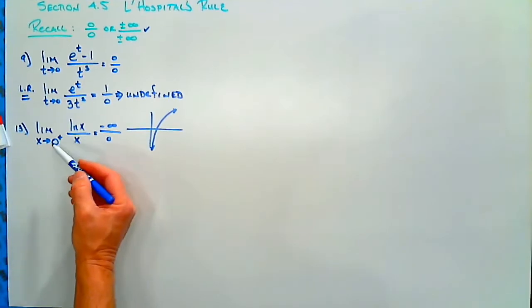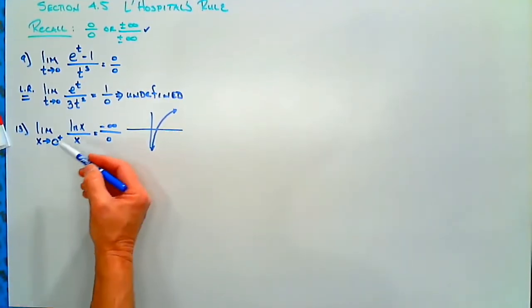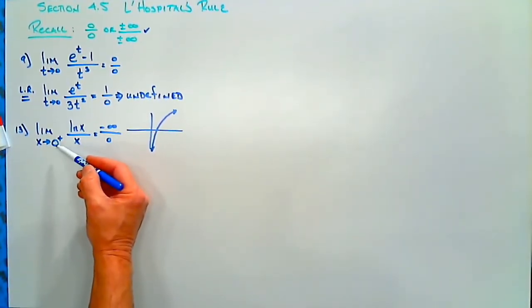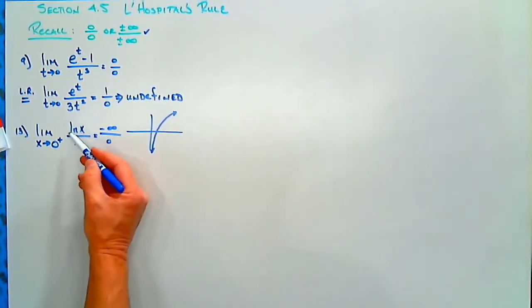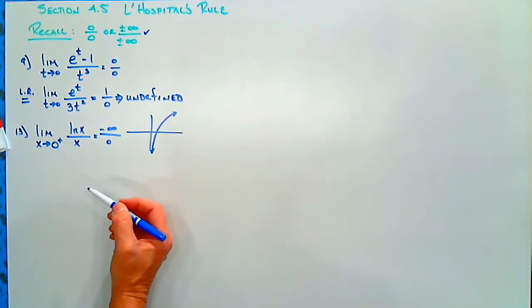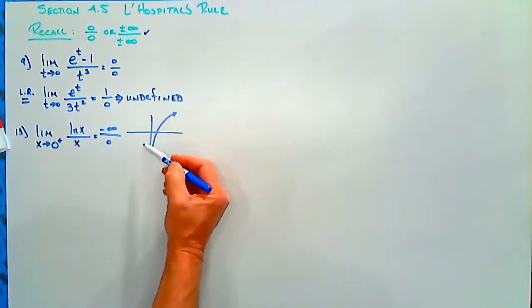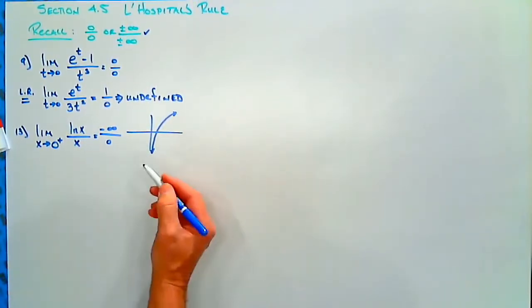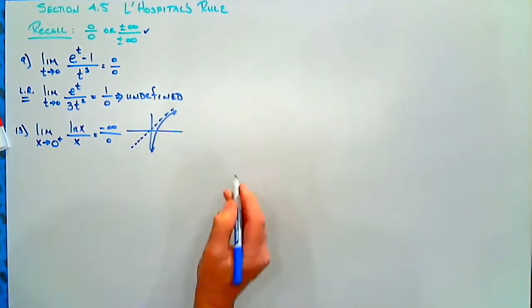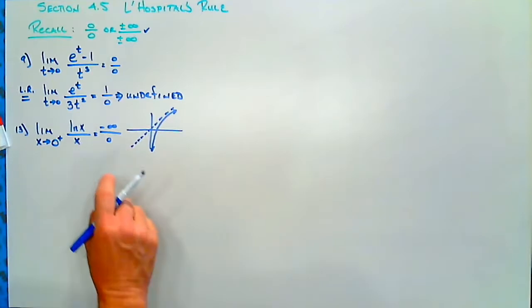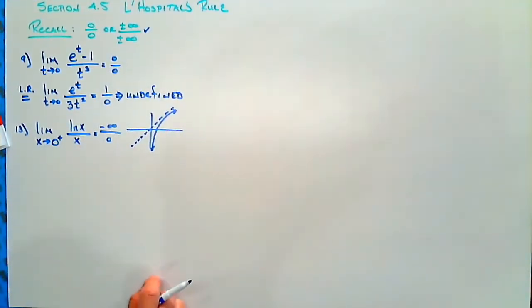We're going to literally ask ourselves, what happens when we plug in a number that gets closer and closer to 0 from the right? What happens to the natural log? What is the behavior of the graph of the natural log? And we're going to compare that to the behavior of the graph y equals x. Those are our two functions, our numerator and our denominator.